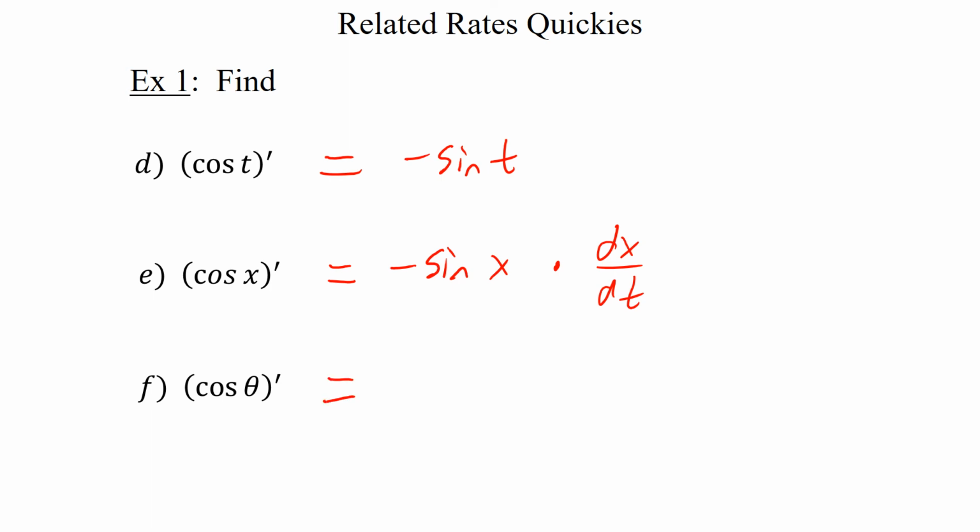The derivative of cosine of stuff is negative sine of the stuff. So negative sine of theta times the derivative of the inside, the derivative of theta. We're going to write d theta dt. Okay, no primes in this section. We're going to write it like that.